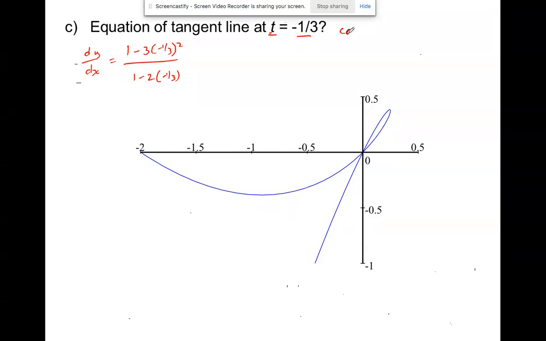You also have your calculator. You can hit that calculate button and get dy/dx at t equals -1/3. What did I get? It gave me some fraction. I did it by hand and I got 2/5.